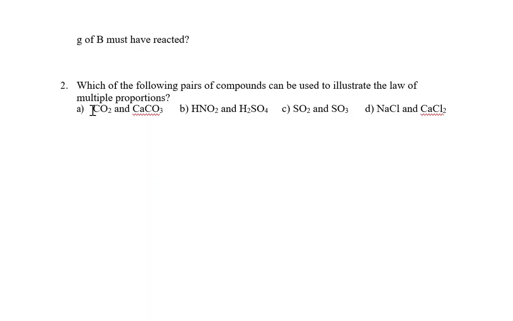So here I have carbon, and that's not the same thing as calcium. So this is carbon dioxide, and this is calcium carbonate, and we're not going to be able to illustrate the law of multiple proportions because this compound here on the right would also have to have carbon and oxygen in it.